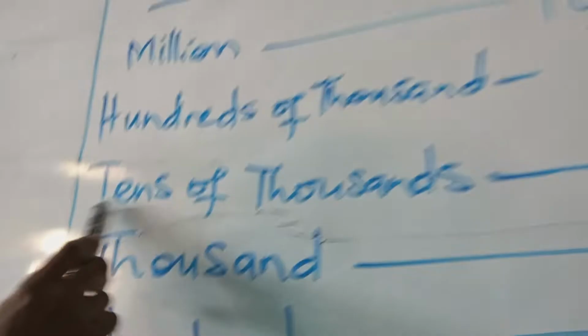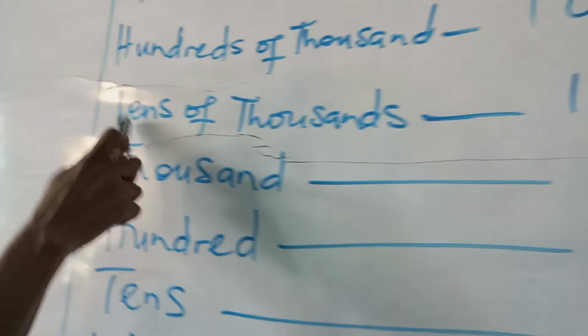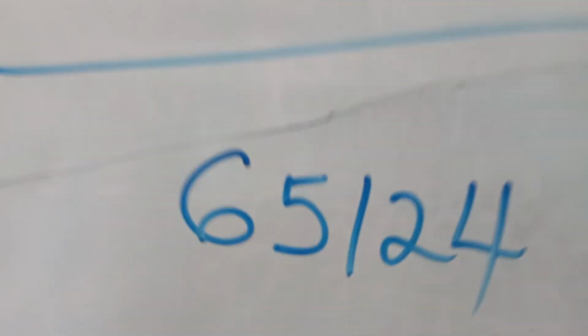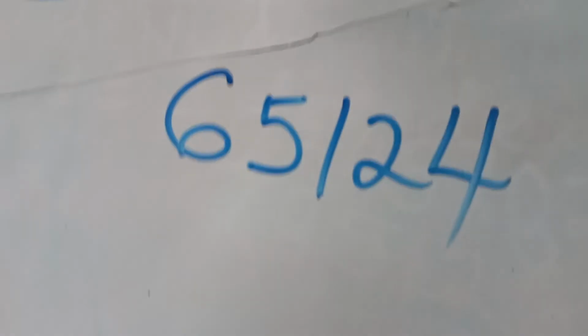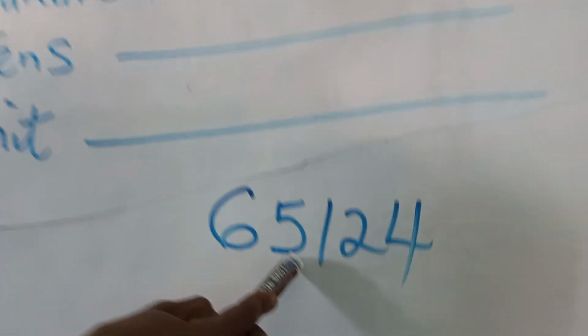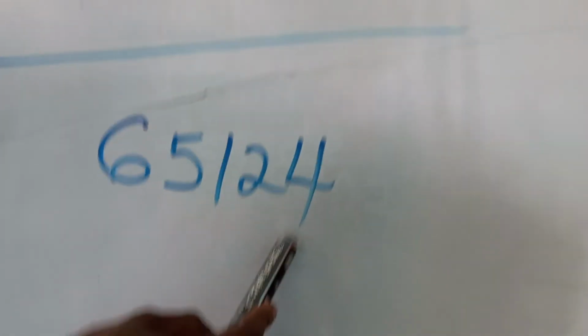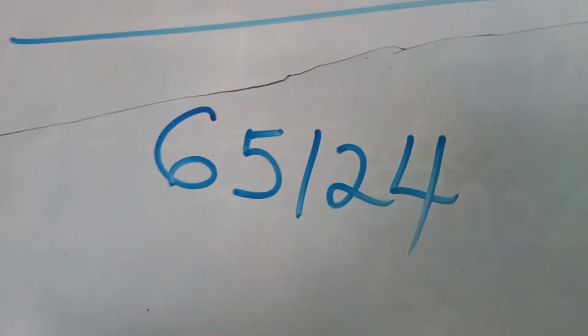The next one is tens of thousands. How many digits are involved in tens of thousands? Let us count. What we have here is 10,000. Let's count. 1, 2, 3, 4, 5. So if you want to write a number like 65,124, any number that falls under tens of thousands, and you discover that the number of digits is more than 5 or less than 5, it means what you have written is wrong.